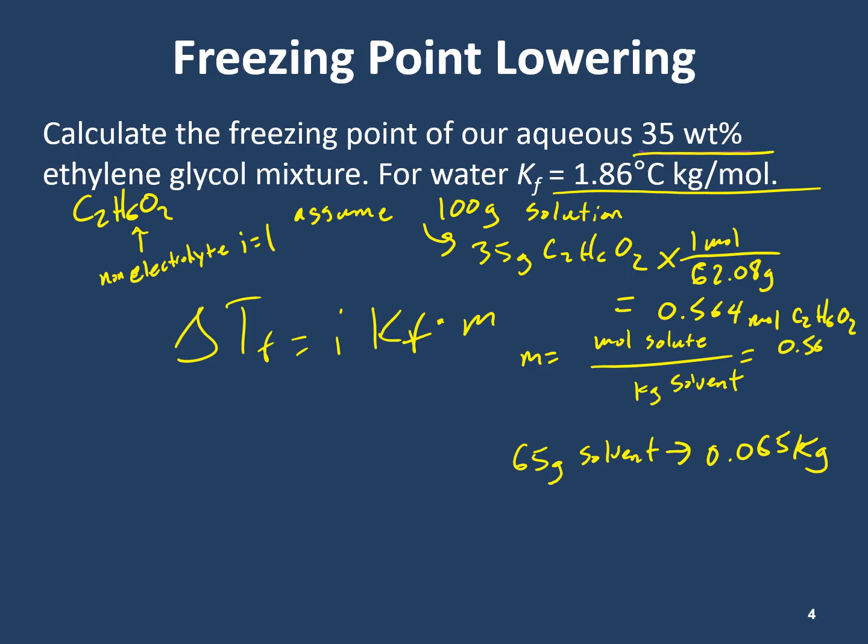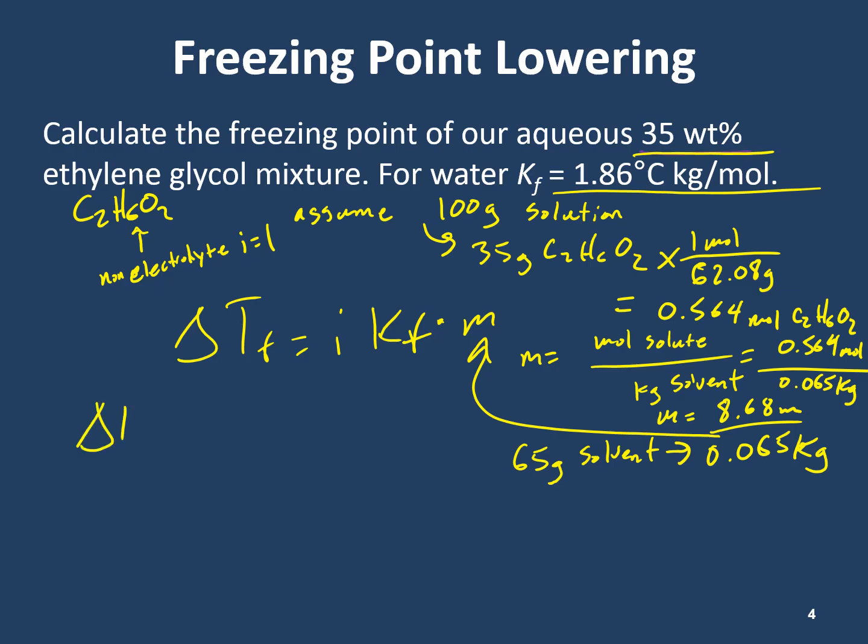So I put my 0.564 moles up top, and I put my 0.065 kilograms in the denominator, and I can get that my molality is equal to 8.68 molal. This value I can plug in there.